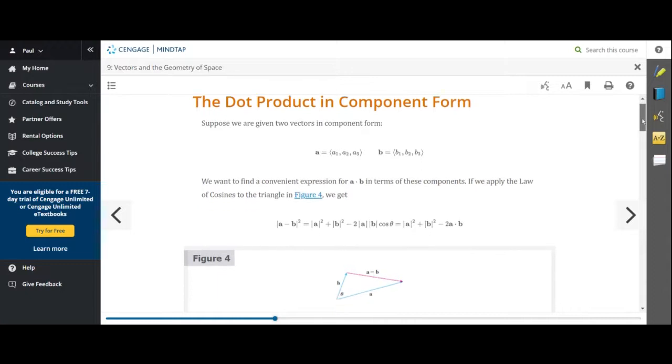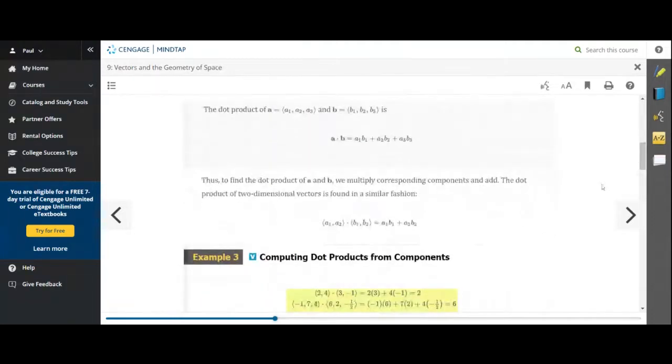Using the law of cosines, they show that to compute the dot product of two vectors A and B, you just multiply the x components, the y components, and the z components, and add them. That's how you can get the dot product of two vectors.